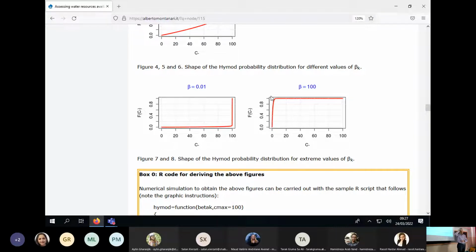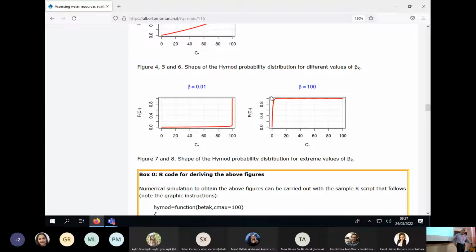What does this mean? It means that the water storage in the catchment is lower than that just for small values of C star, which means that the water storage in the catchment is very low.